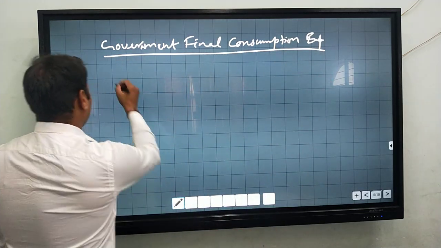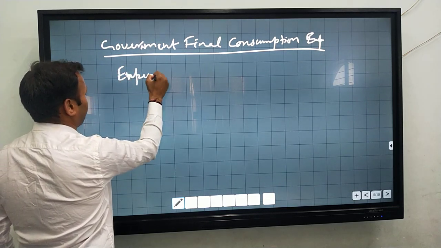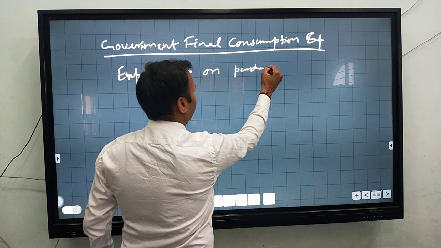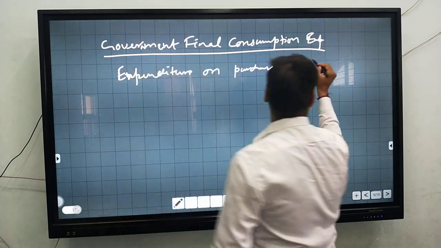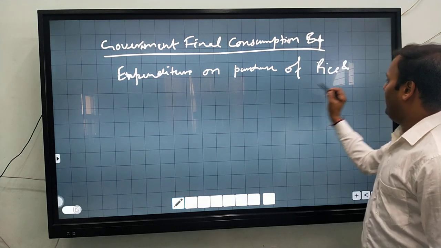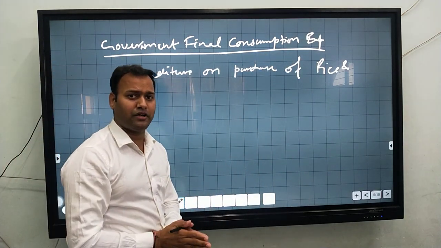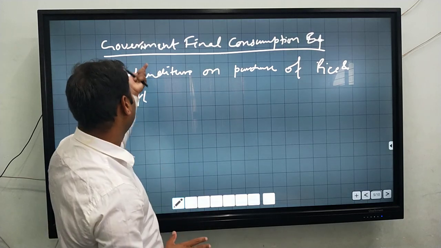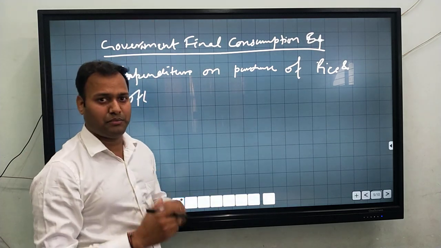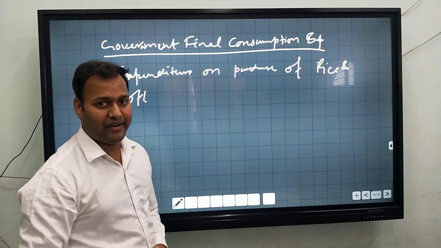That is the expenditure on purchase of rice, wheat, and all other essential products for the weaker section of the society, that is called the government final consumption expenditure. So whatever the government purchases for the weaker sections of the society, that is called the expenditure on government final consumption.